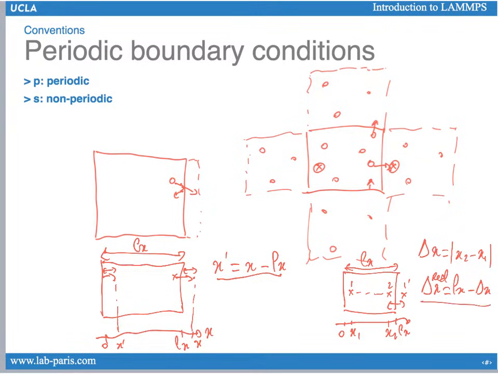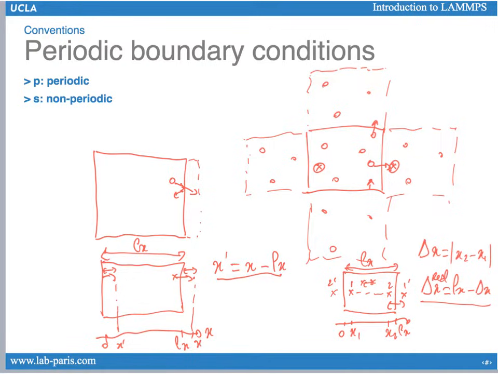So you always have to be careful when you have two atoms and you want to calculate their distance. Always wonder: if I take the distance between the two atoms, is it the real distance that they would have even in the absence of periodic boundary condition, or is one of the replicas of the atoms actually closer than the real atoms themselves?